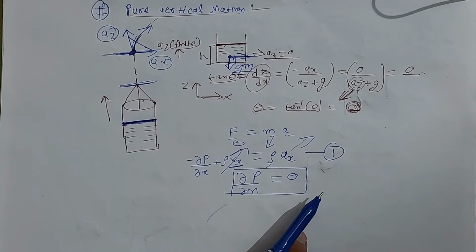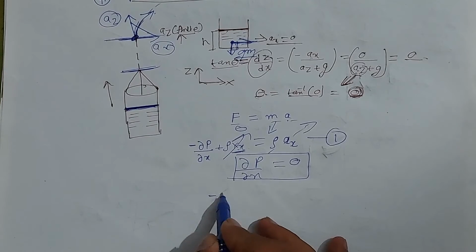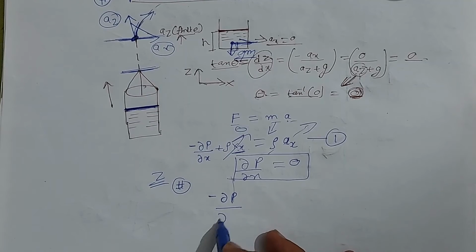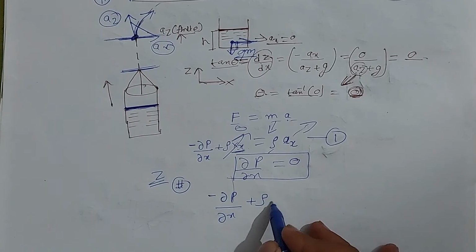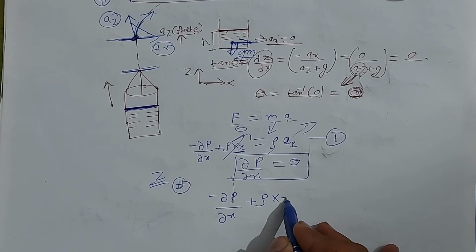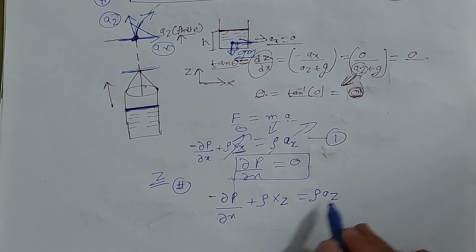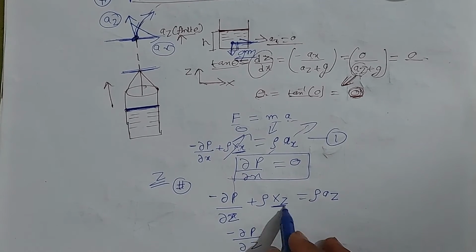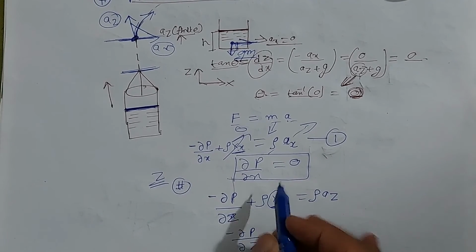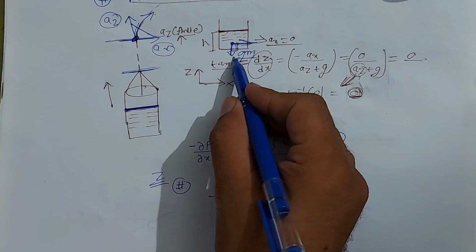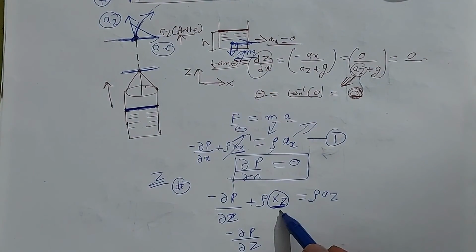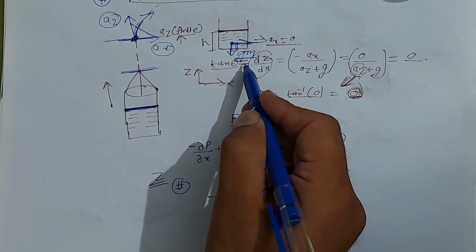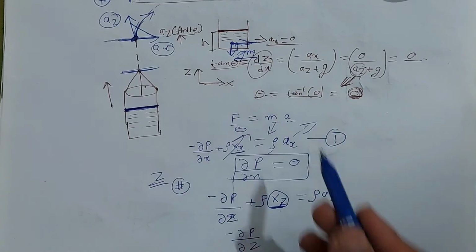Okay, fine. Now if you apply the same for the z direction, minus del p by del z plus rho Xz equals rho az. Here in place of Xz, mg would come. No, mg would not come. It is body force per unit mass. So when you divide mg by per unit mass m, the m will get cancelled out and you would get g in place of Xz.